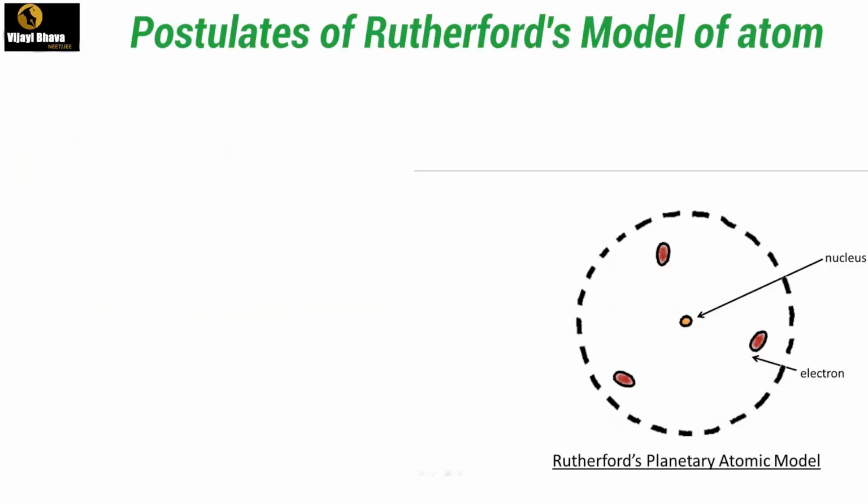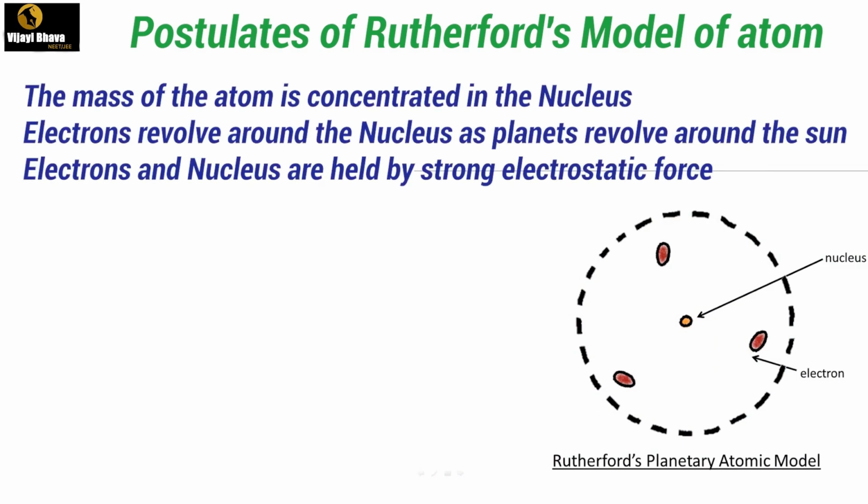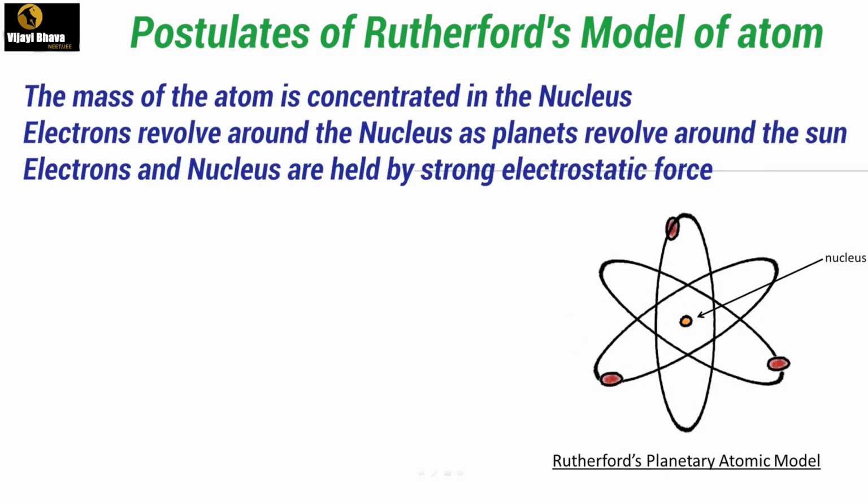With the observations in the alpha ray scattering experiment, Rutherford concluded that the mass of the entire atom is concentrated at the center. Around the positively charged nucleus, the negatively charged electrons revolve, just like the planets revolve around the sun in the solar system. Thus, Rutherford's model is also called the planetary model of the atom. The electrons and the nucleus are held together by a strong electrostatic force of attraction.